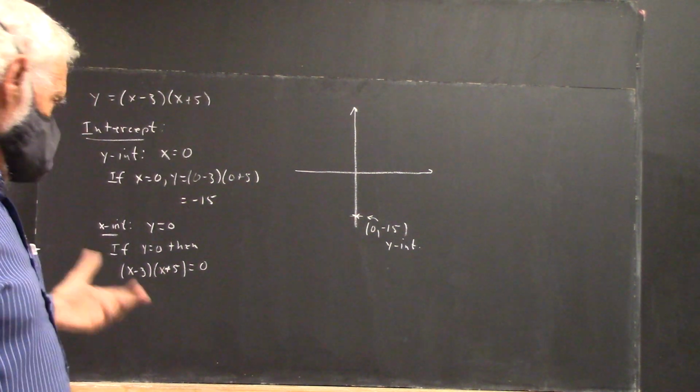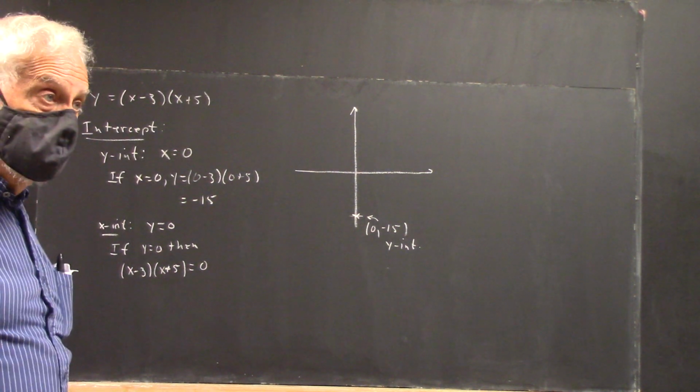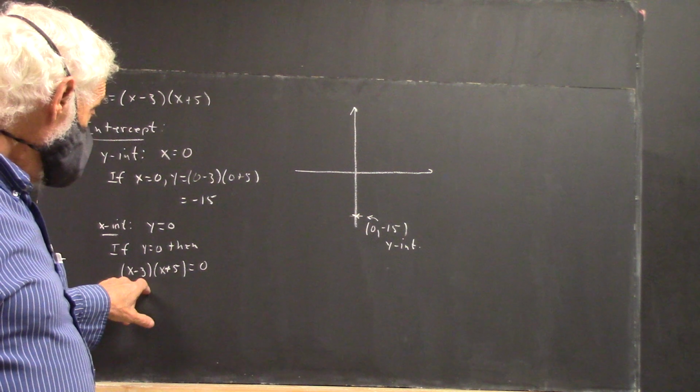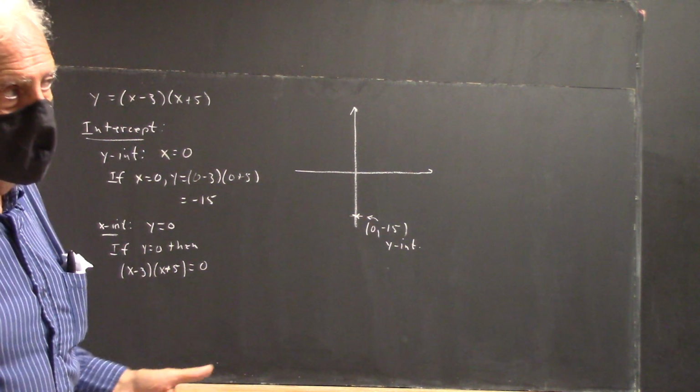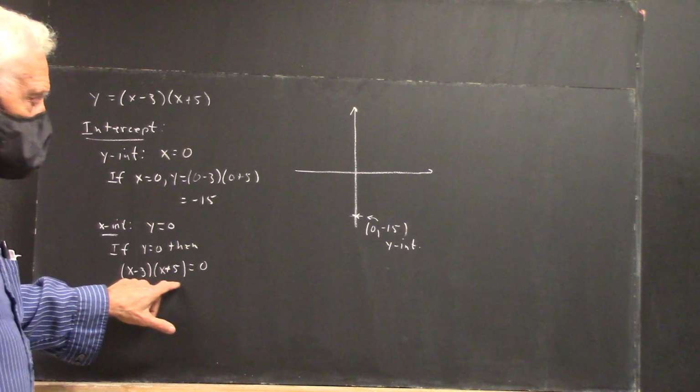Now, depending what x is, this is one number times another number, right? Now, how can it be that the product of two numbers is 0?